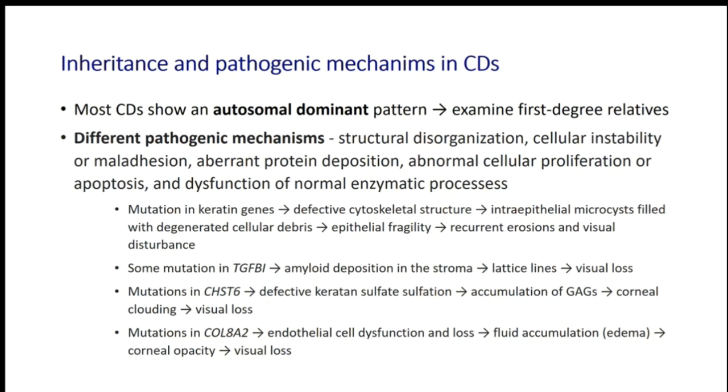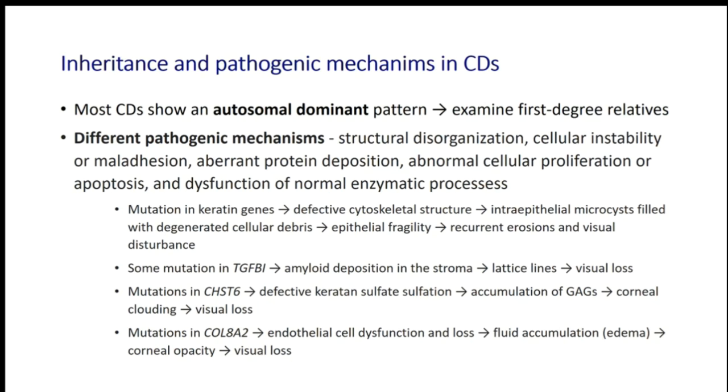Below are some examples. For example, mutations in keratin genes cause defective cytoskeletal structure, leading to intraepithelial microcysts filled with degenerated cellular debris, which leads to epithelial fragility, recurrent erosions, and at the end to visual disturbance.